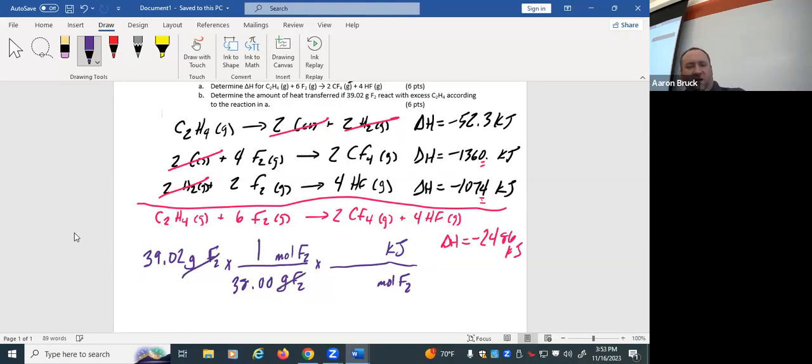My grams of fluorine cancel. Where do I get the information for the second conversion? Why did we have to do part A before we did this?